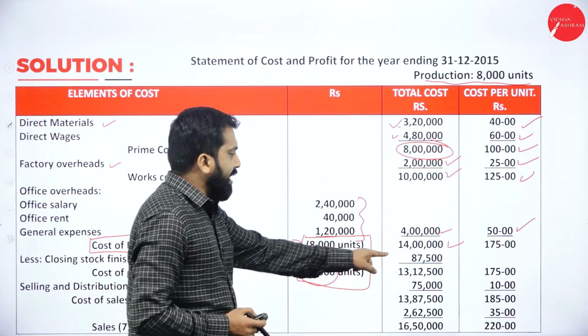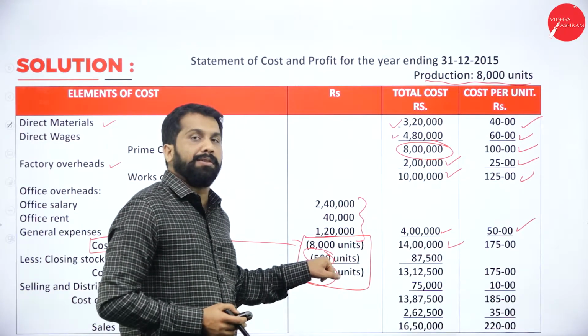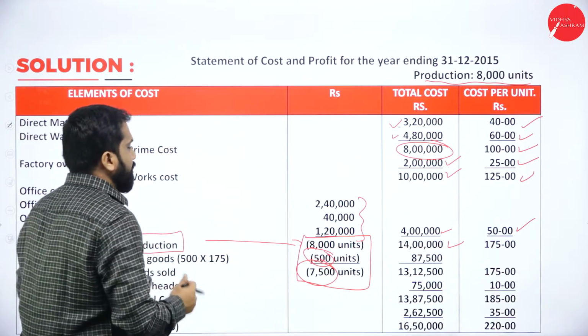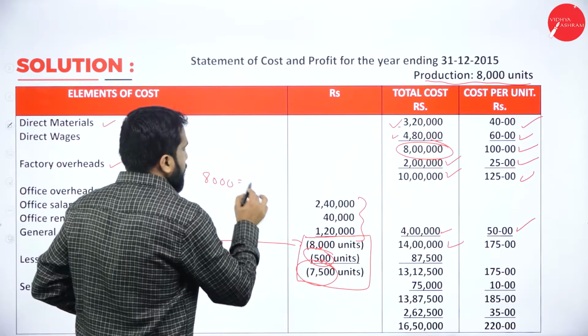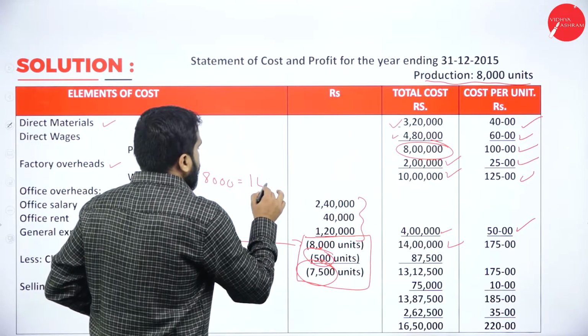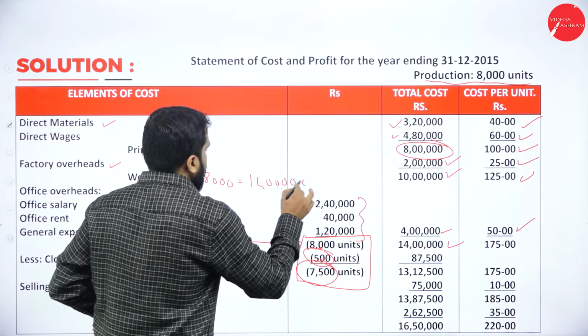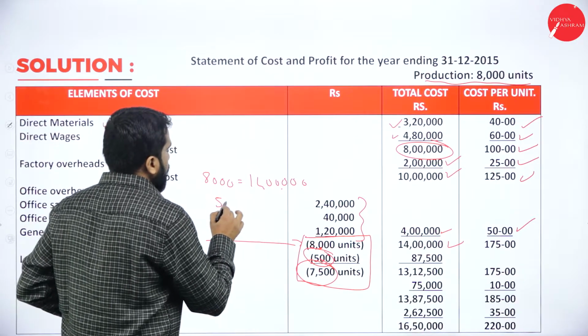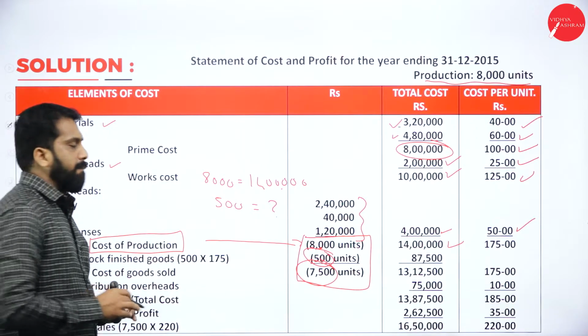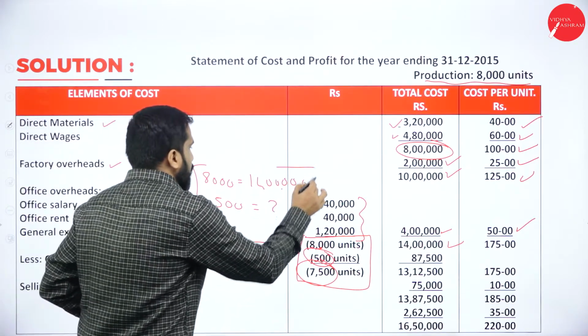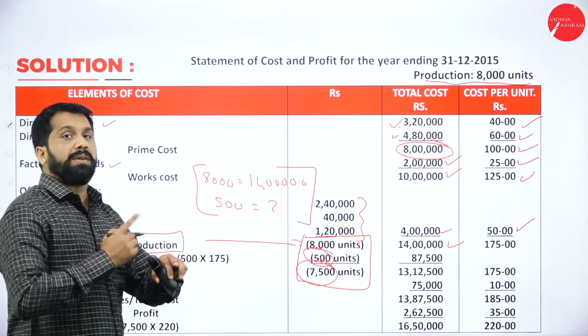Now, very simple. Total you got 14 lakh. How come you got 87,500 for closing? Simple calculation. If 8,000 units is equal to 14 lakh, how much for 500 units? Now, you have to do cross multiplication.